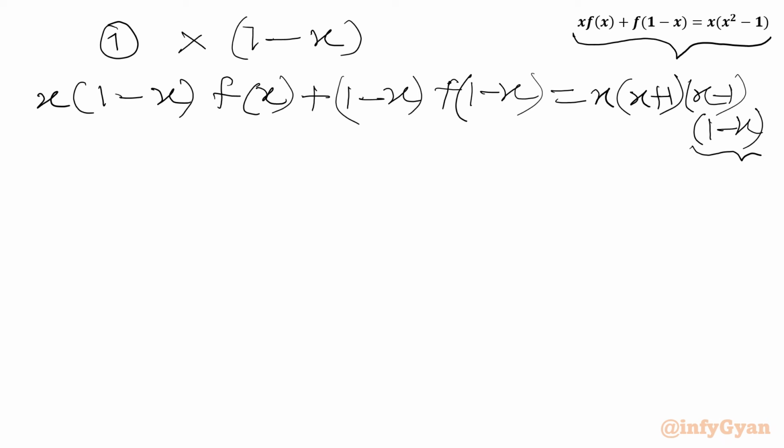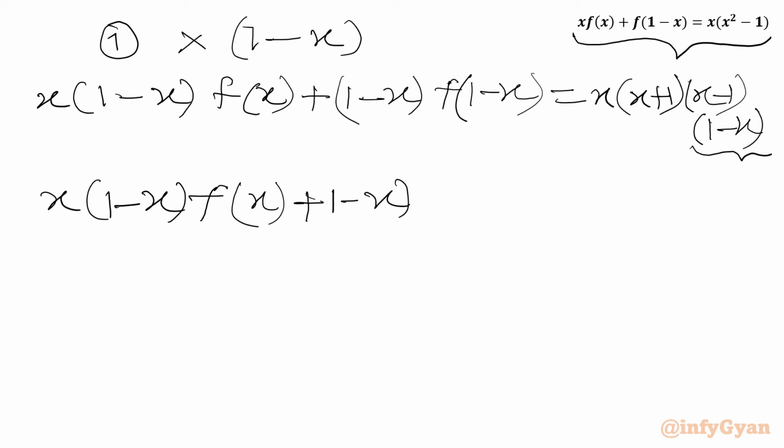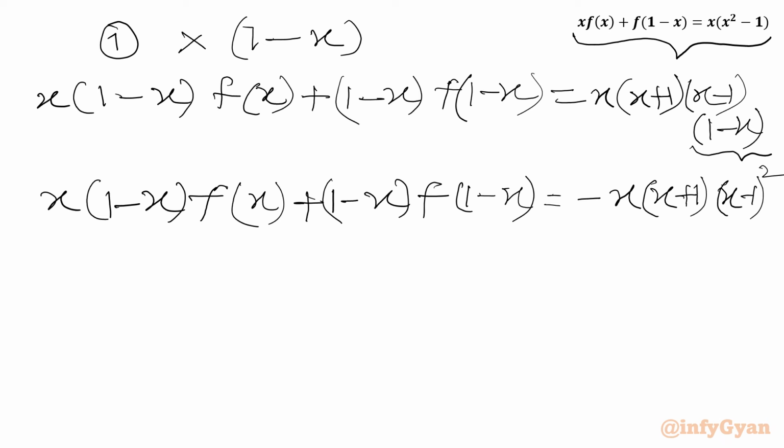Now I can take minus common from this bracket so that we can write (x minus 1) whole square in the RHS. I will write our equation: x times (1 minus x) times f of x plus (1 minus x) times f of 1 minus x will be equal to minus of x times (x plus 1) times (x minus 1) whole square. And this equation we will consider equation number 3.